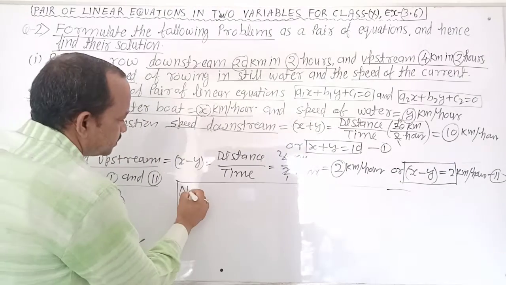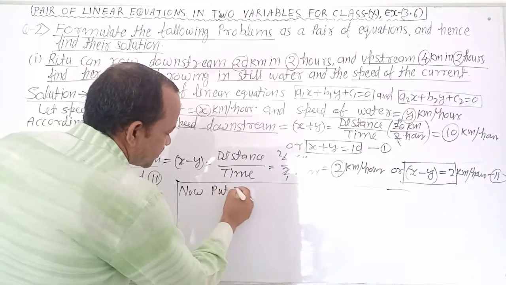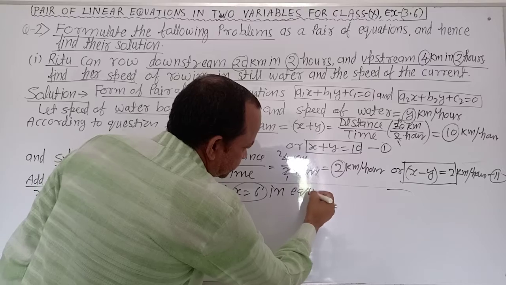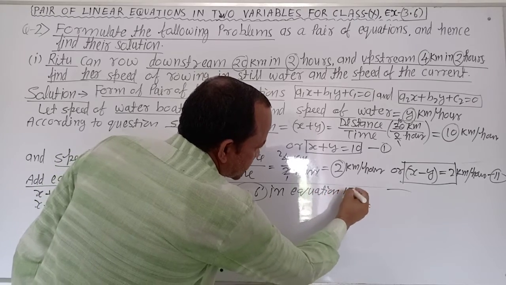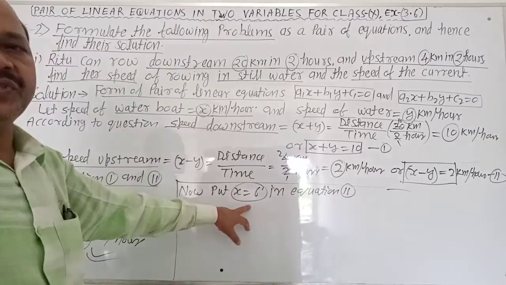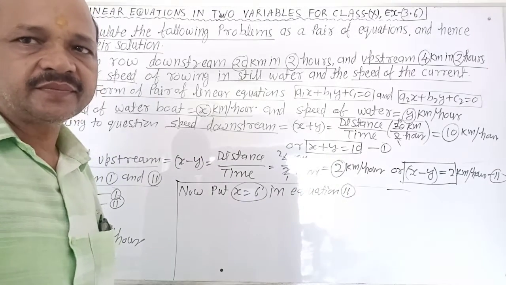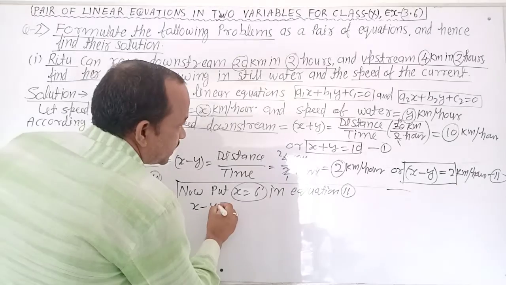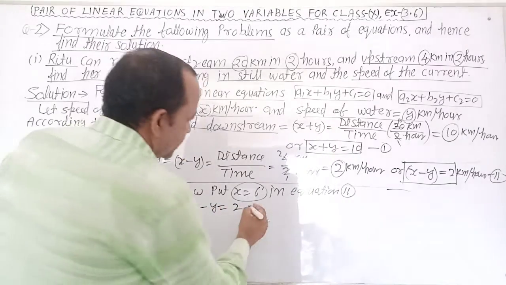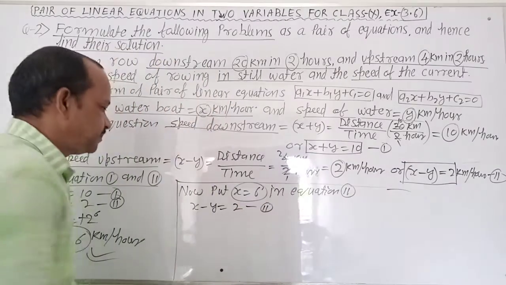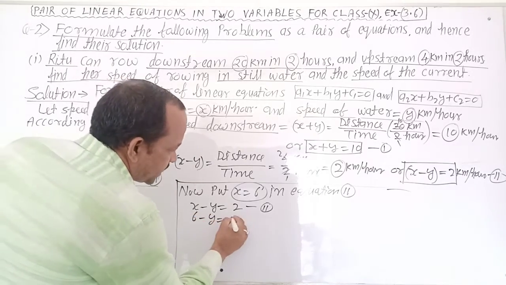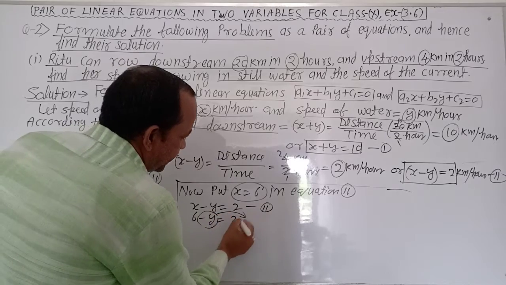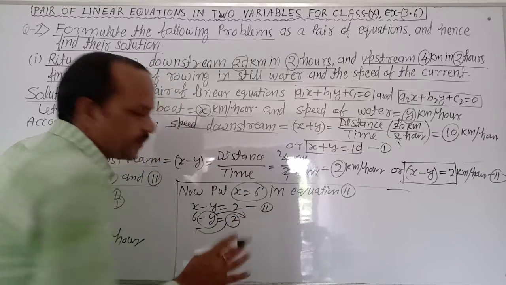Now put x equal to 6 in equation second. Equation second, x minus y equal to 2. 6 minus y equal to 2. You write y on the right side and 2 on the left side.